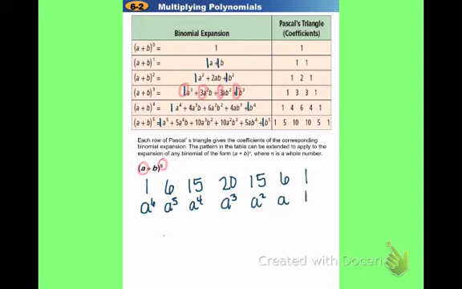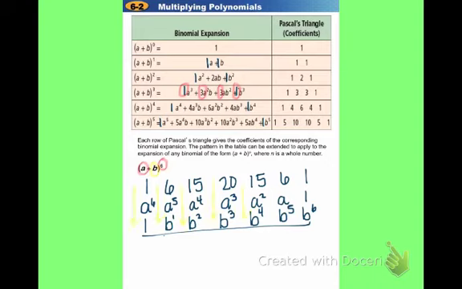Then we take the last term, b, and go in ascending order starting at b to the 0, which is 1, then b to the 1st, 2nd, 3rd, 4th, 5th, and 6th.